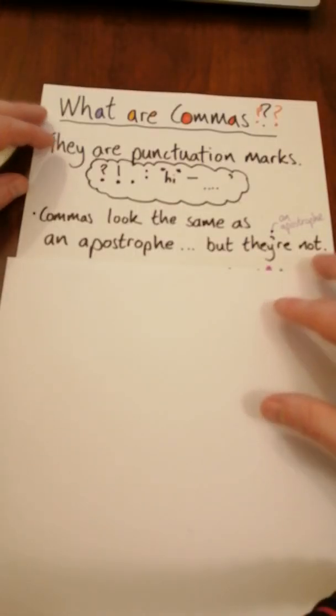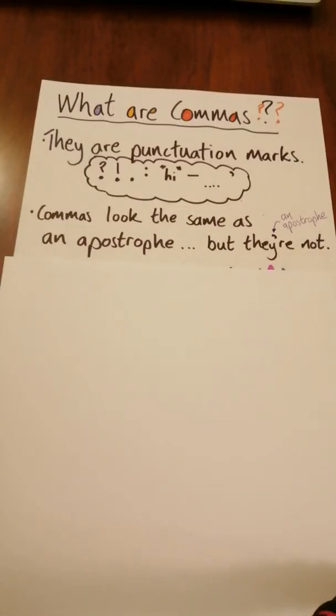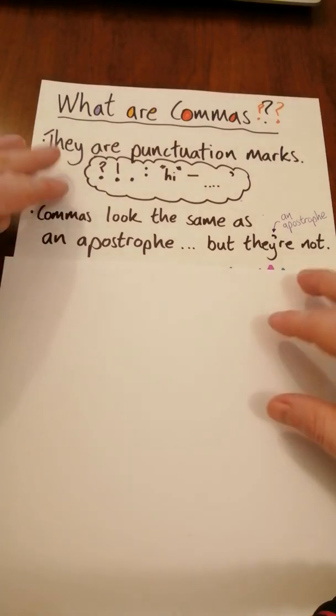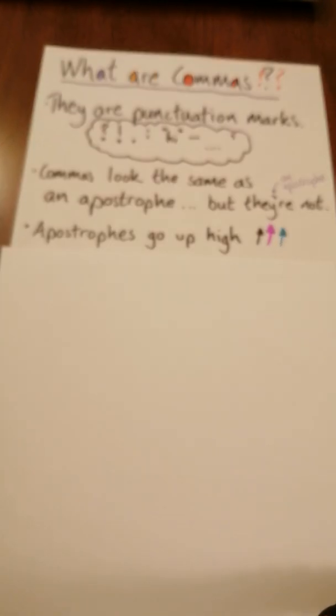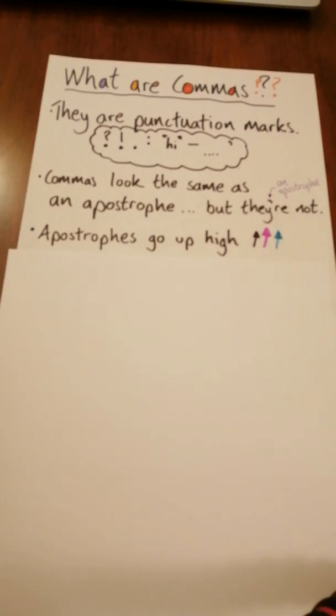Commas look the same as an apostrophe, but they're not an apostrophe. That's an apostrophe. Commas are not apostrophes. Apostrophes, as you can see from my wonderful diagram, they're up high. Commas don't do that.